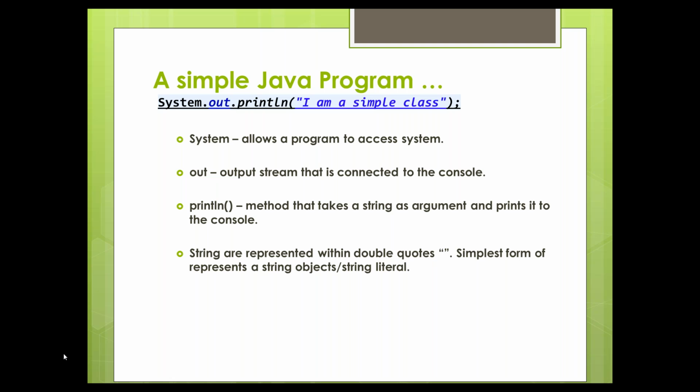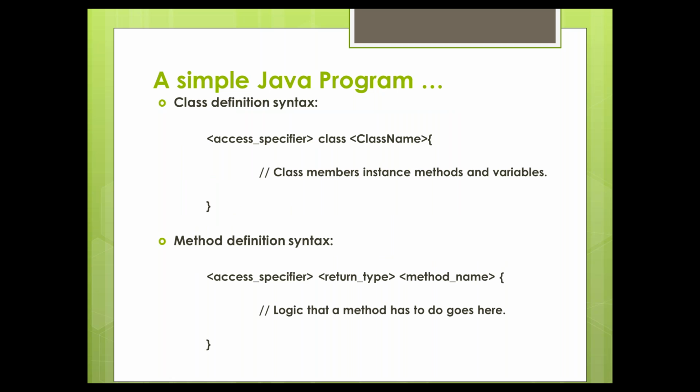So let's see the syntax for your class and method definition. As we have seen, how do we specify a class definition? With the keyword class, and we will have our access specifier before the class keyword, and then the class name after the class keyword.